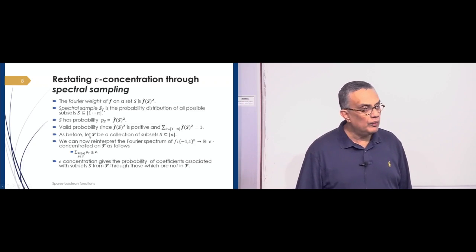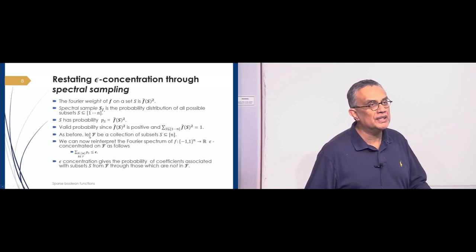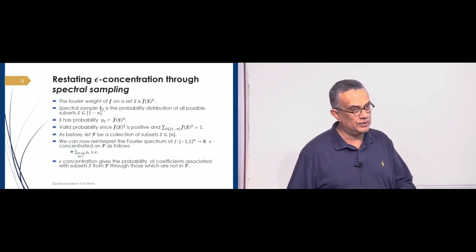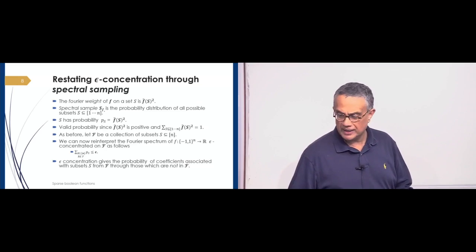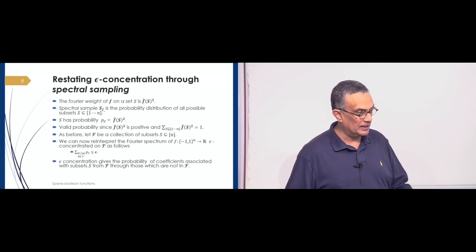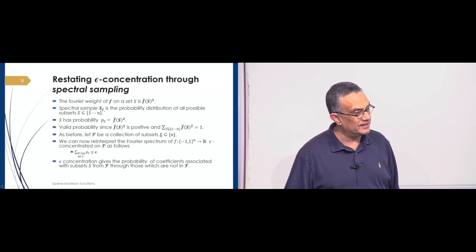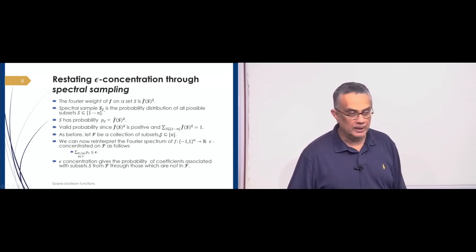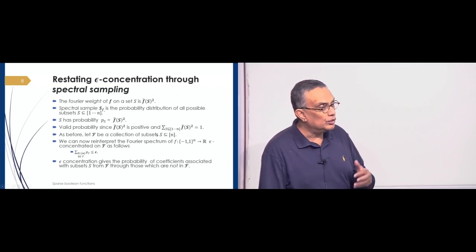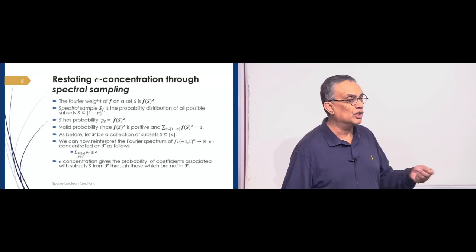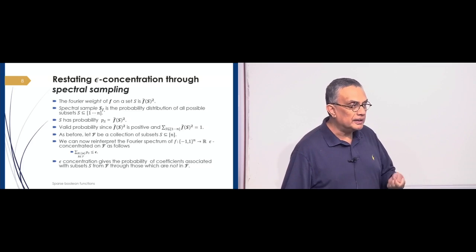So now we had also, and I'll restate this using explicit terminology now, but perhaps in the future I may omit to say this, script F, which you can easily see, is a collection of these sets S. Not all of them, some of them. And we hope that those sets S that are members of script F are the dominant ones. If you remember, this was used to define epsilon concentration in a different way earlier on.